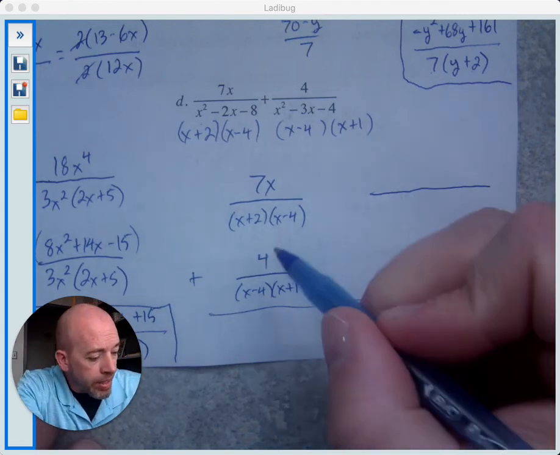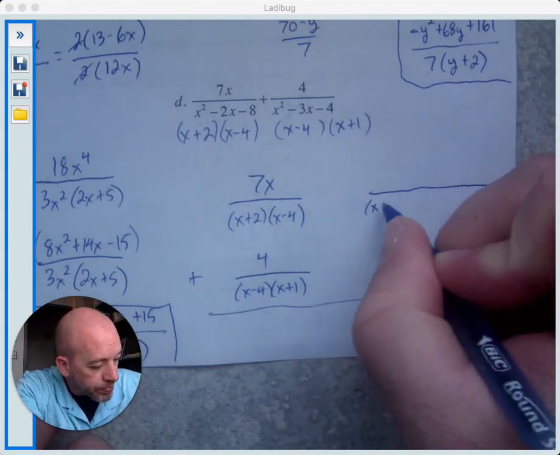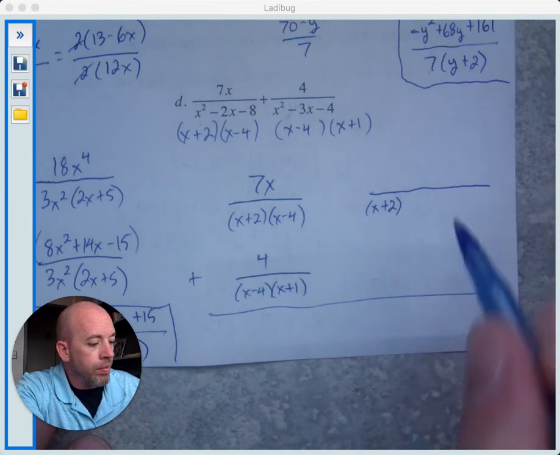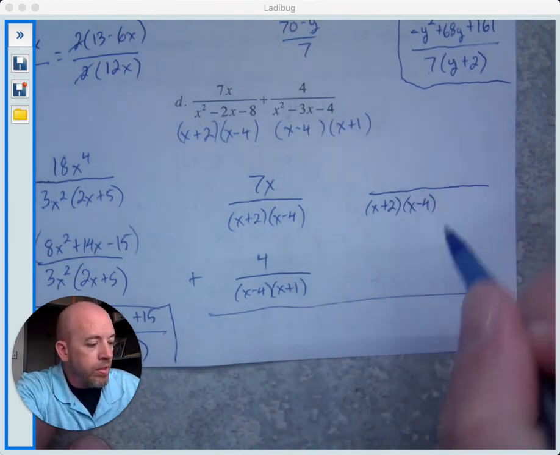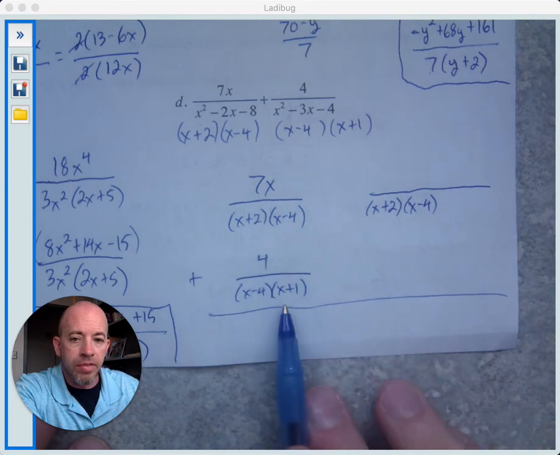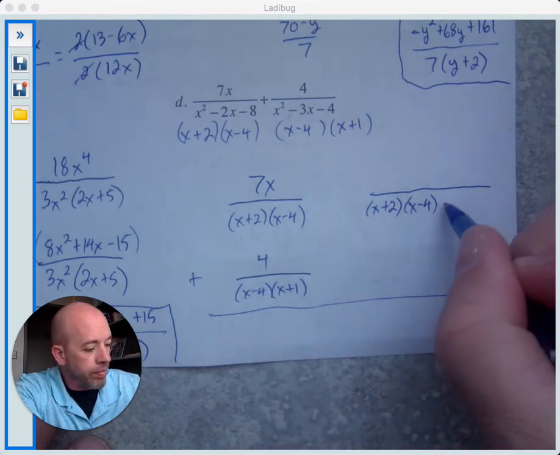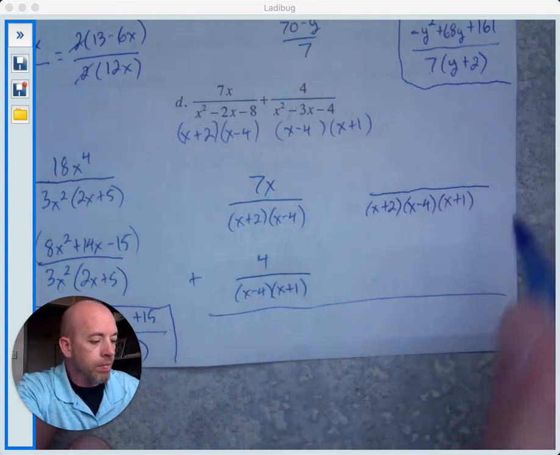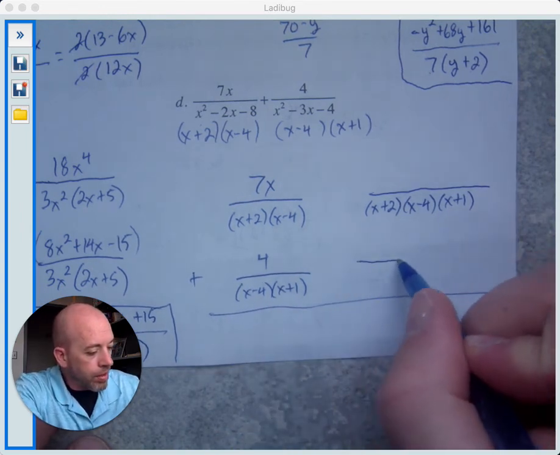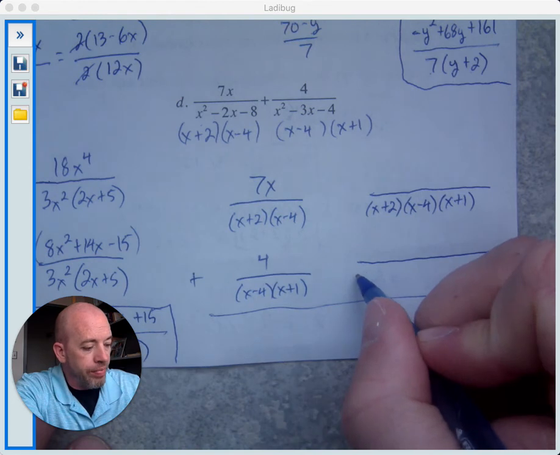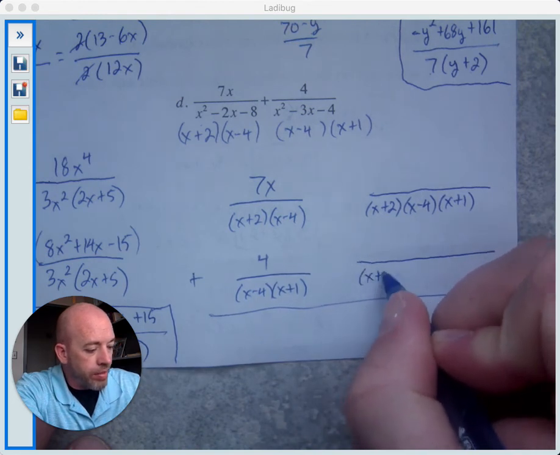So we need a factor of x plus 2. We need a factor of x minus 4. And the only thing we have not listed is this factor of x plus 1. We already have a factor of x minus 4, so we don't need it again. So we have that same LCD down here.